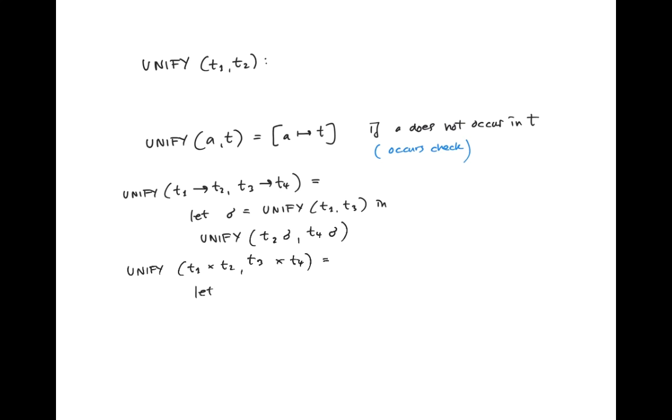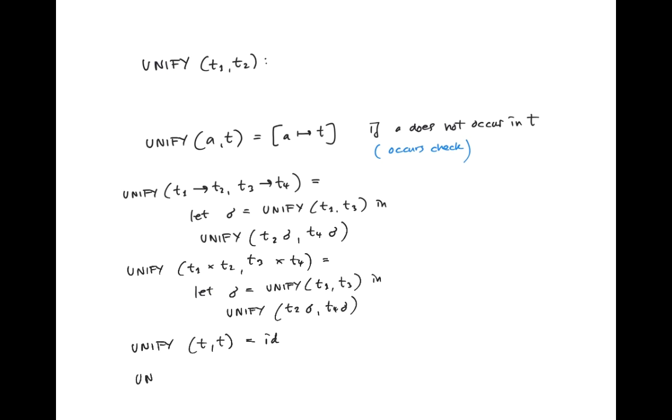Again, we let sigma be the substitution we get by unifying T1 and T3, and then we unify T2 where sigma has been applied and T4 where sigma has been applied. How do we unify a type expression with itself? Well, the identity substitution will do.